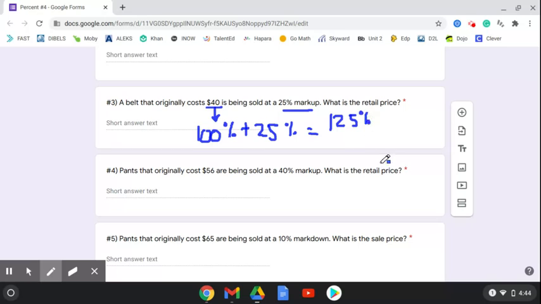So basically I'm paying 125% of the original cost. 125% as a decimal is 1.25. So what is 1.25 times the original cost of 40? 1.25 times 40 would be $50. Okay, so now the belt is $50.